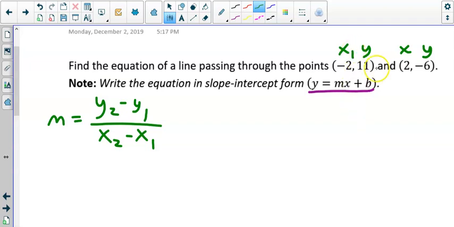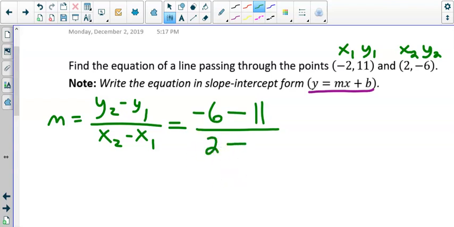And I always take like 2.5 seconds to write out who is x1, y1, x2, y2, because now I know exactly which numbers to put where. I take the 2.5 seconds to do this, and now I know exactly where each one of these numbers go in my formula. So if I look up there, who is y2? Negative 6. So my first value is negative 6 minus, because of the formula, who is y1? 11. So there's what the top looks like. Okay, who is x2? 2.